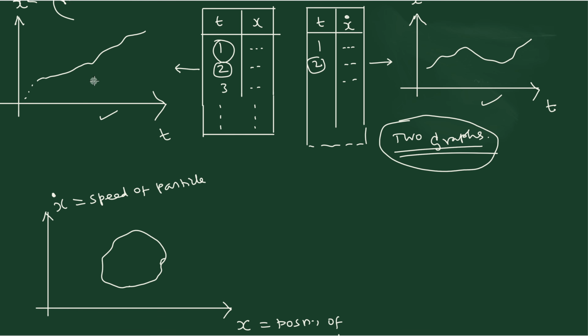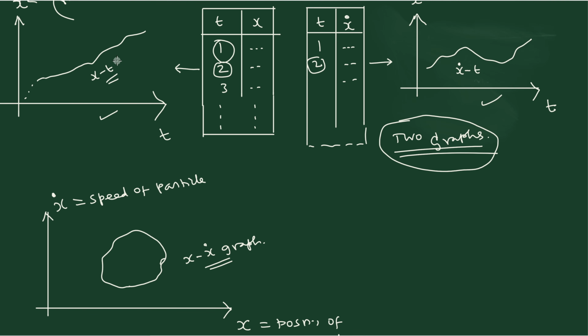You see, this is your x versus t graph. This is the x dot versus t graph. These two appearances will be quite different from the graph that you are going to get. This is the x versus x dot graph. So this is the distinction, just take care.